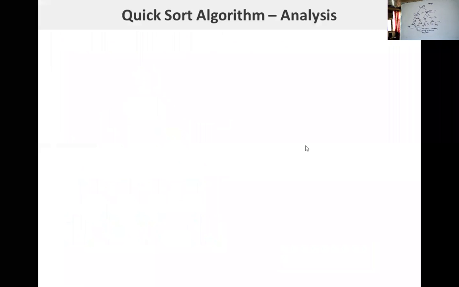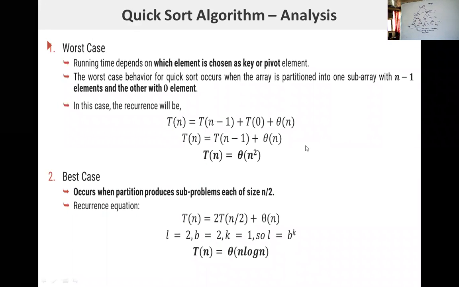Okay. Now the thing which was left was quicksort analysis. So I tell you the worst case.